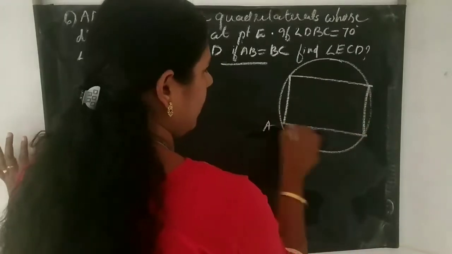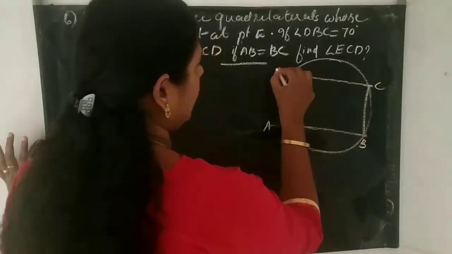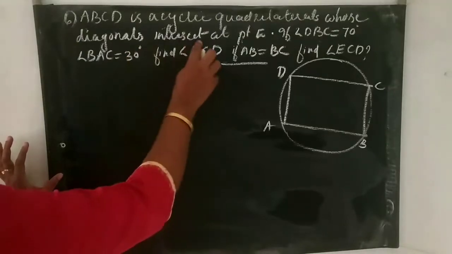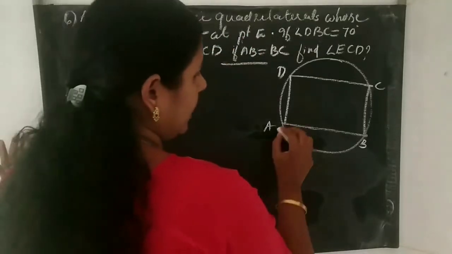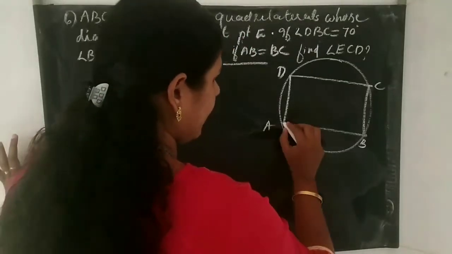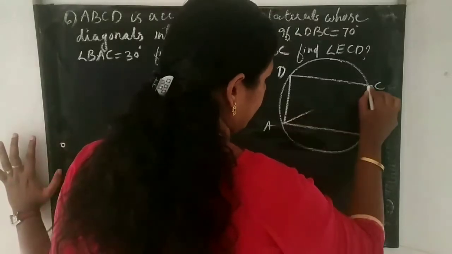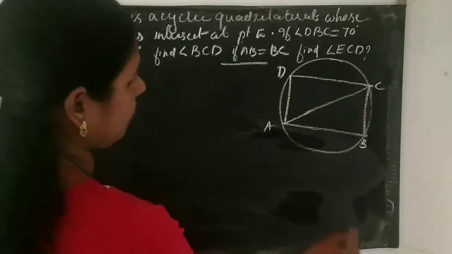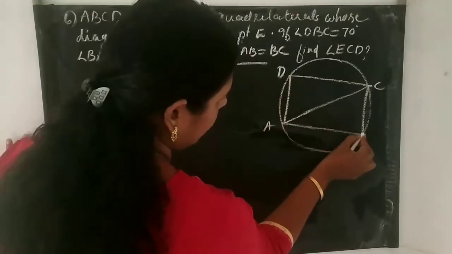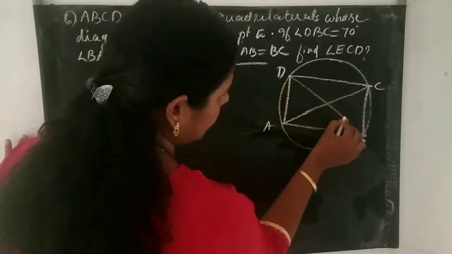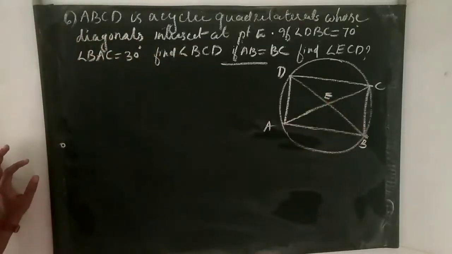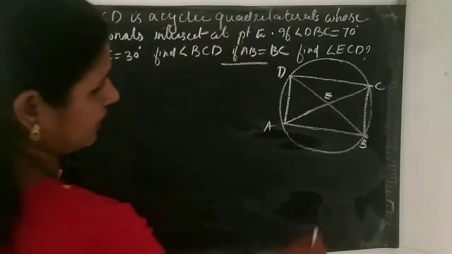ABCD is a cyclic quadrilateral, and the diagonals intersect at point E. This is one of the diagonals, and the other diagonal is this one. They intersect at point E.